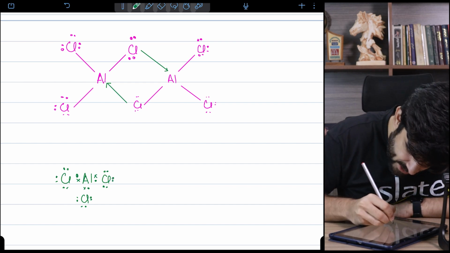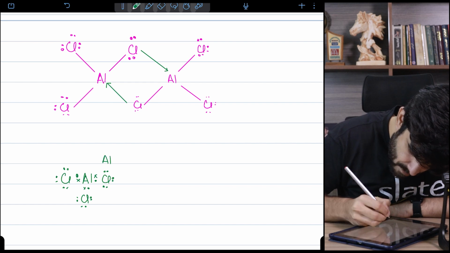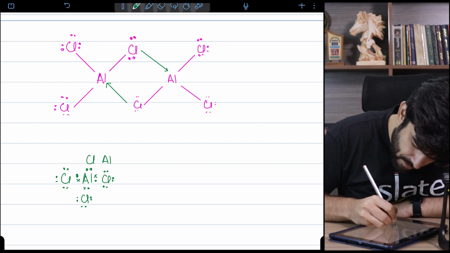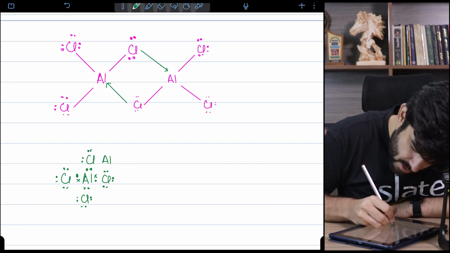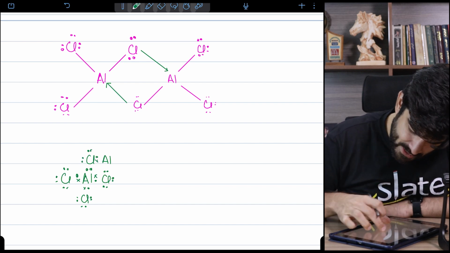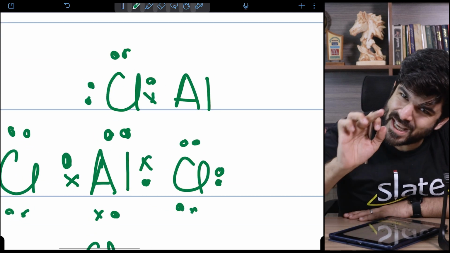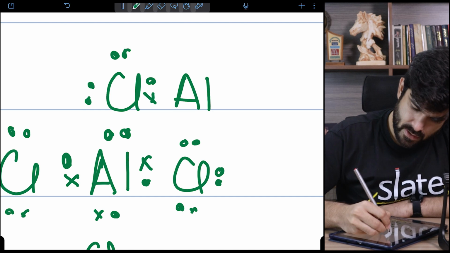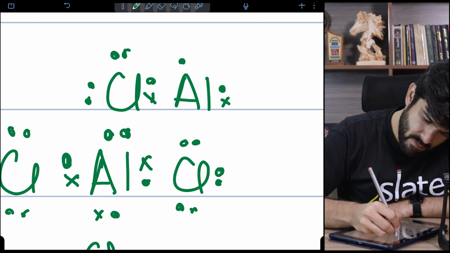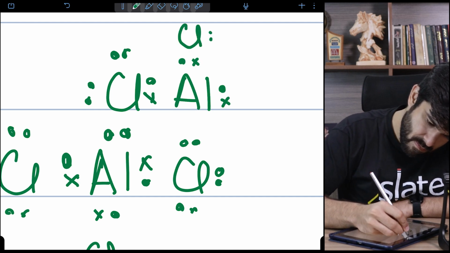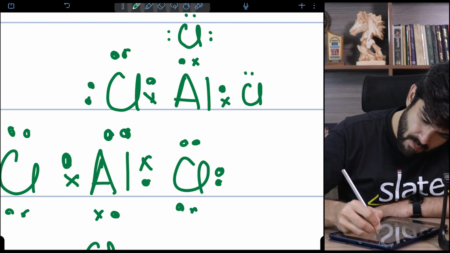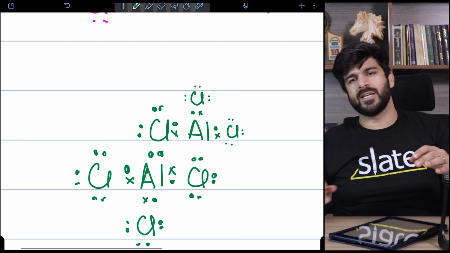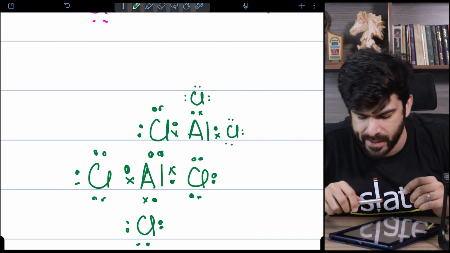So if I have another AlCl3, this will bond with this aluminum with just its same electrons. Like with this one, with this one. Now this is the dot and cross diagram of AlCl3. You can make the circular one, you can make it this way.